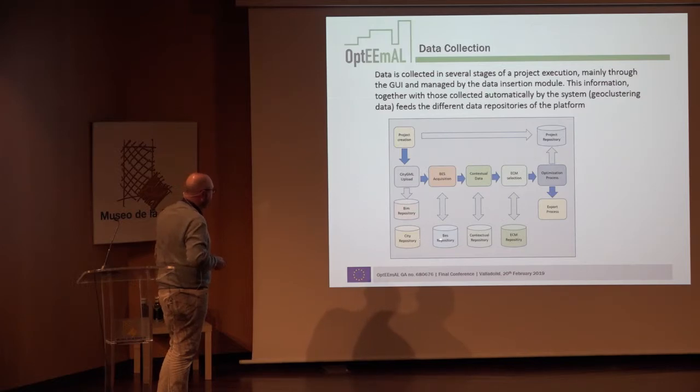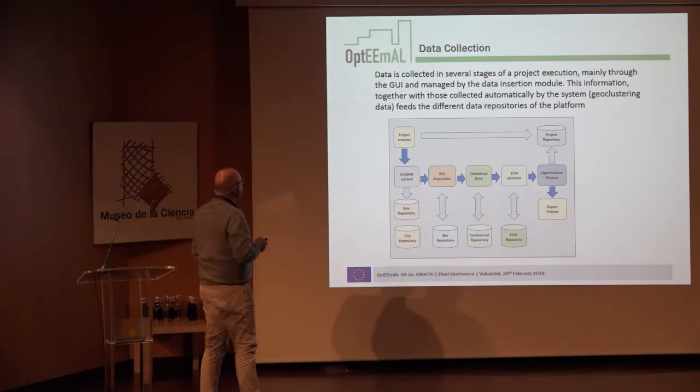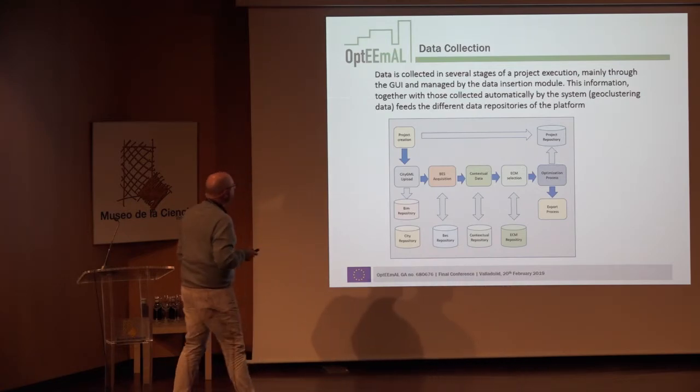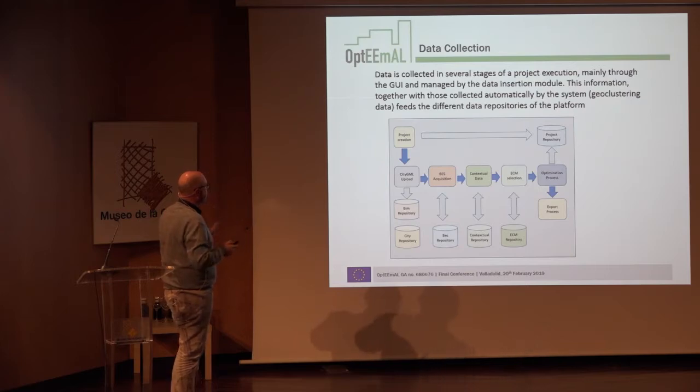We will also have other information gathered from the web or from other sources, like the one inside the contextual repository. So all this data is collected during various parts of the project and stored in the proper repository.